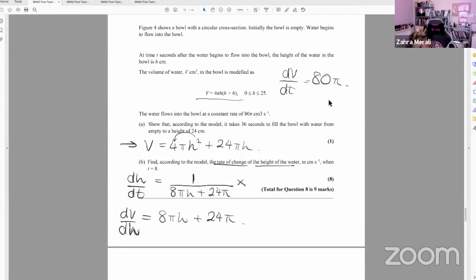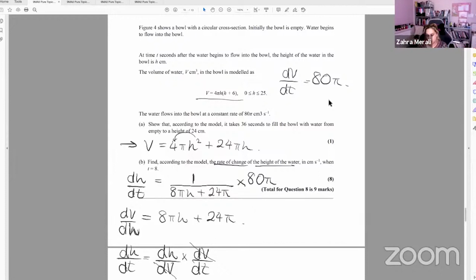What I've effectively done, maybe write it down here: dh/dt will be dh/dV, because I want the h on the top, multiplied by dV/dt. Because if you notice, I cancel those and I end up with dh/dt. So I'm multiplying that by 80π.